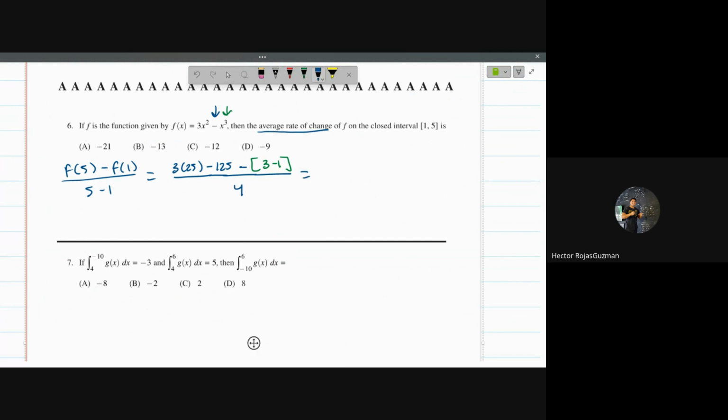So this gives me 75 minus 125 minus 2 over 4. 75 minus 125 is negative 50, negative 52 over 4, which is negative 13. B. And that's correct.